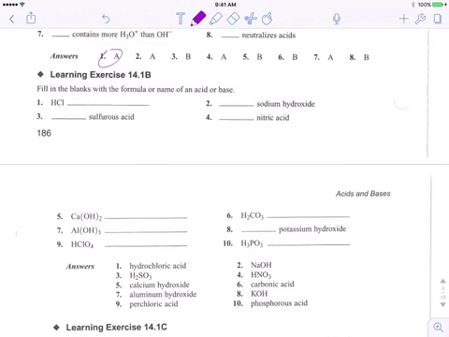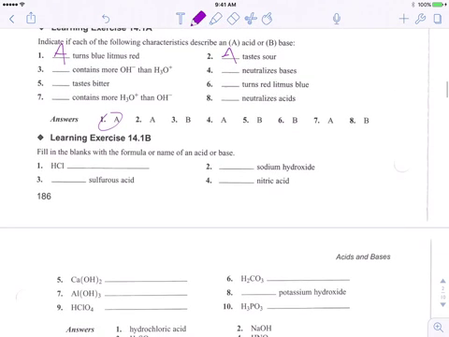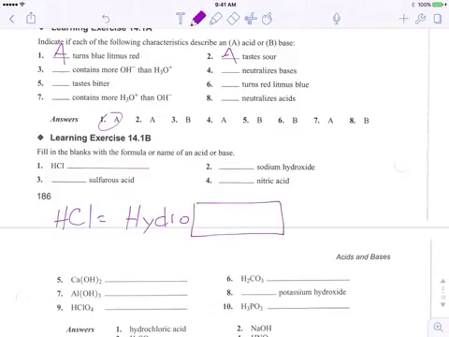Fill in the blanks with the name and the formula. So if we go back there, we talk a little bit about names. If it has an H, for HCl, H is what we're going to pronounce as hydro. The base word, not like the acid-base, for chlorine is chlor.